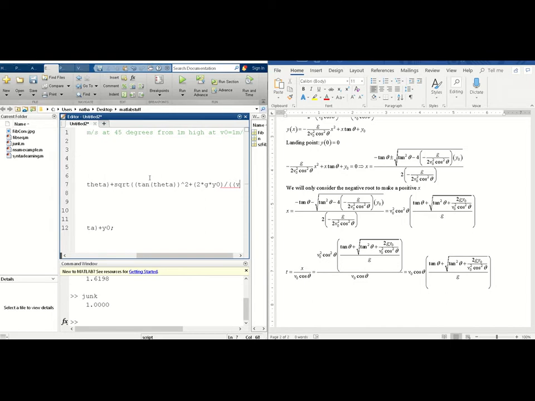v naught squared times cosine of theta squared. This should close that bottom fraction. This should close the entire square root.